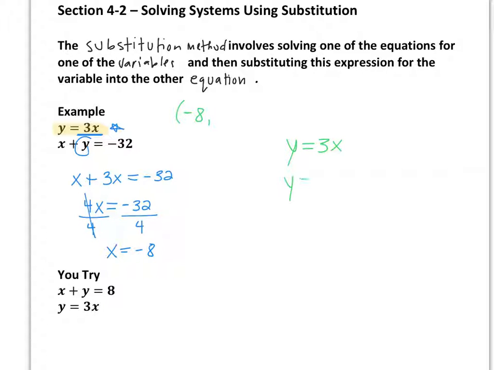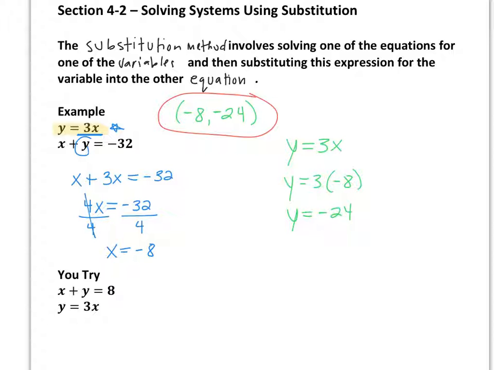So y equals 3 times negative 8. Well, 3 times negative 8 is negative 24. So y equals negative 24. So our solution, our ordered pair that makes this true, is negative 8, comma, negative 24.